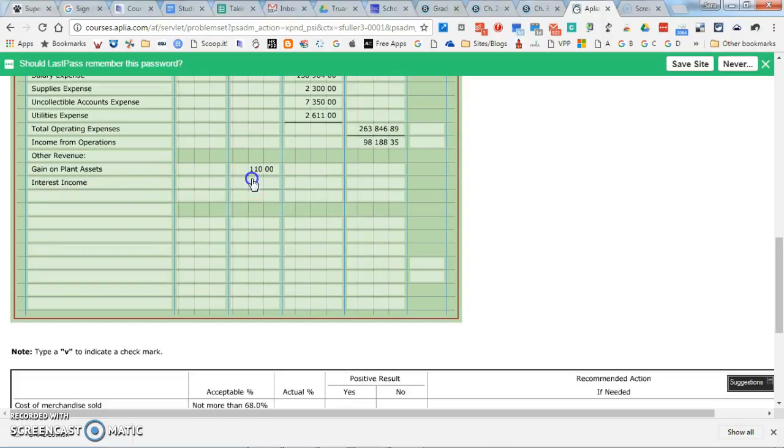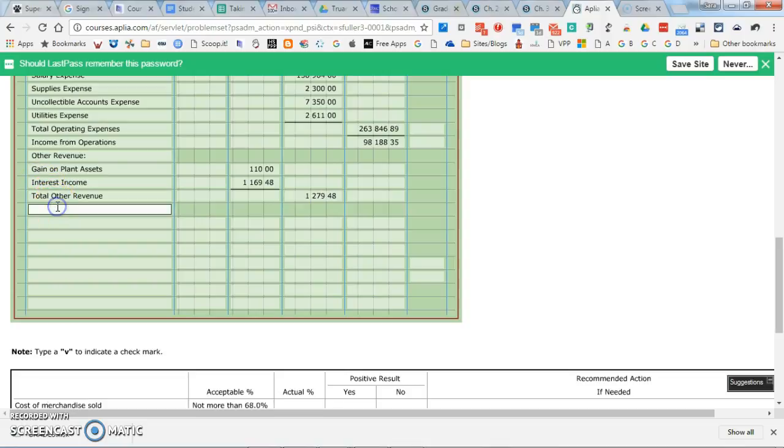Second column, $1,169.48. Next line is total other revenue. And so we will add these two together. So $1,279.48.